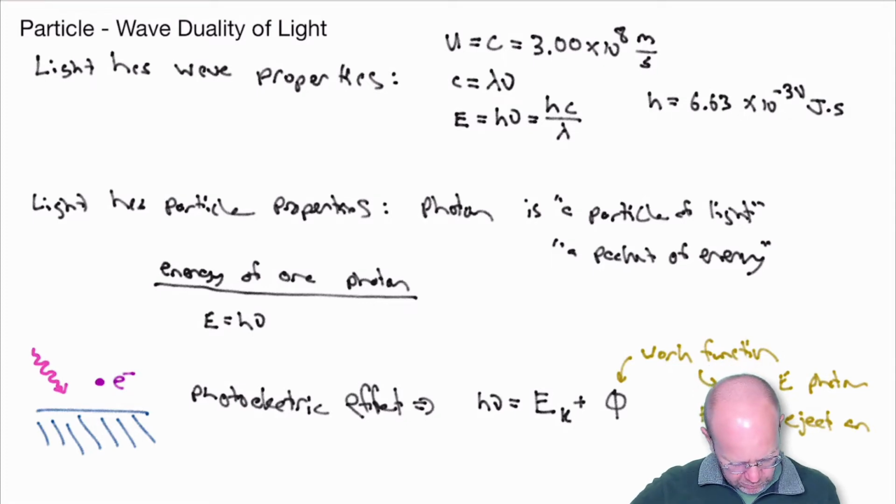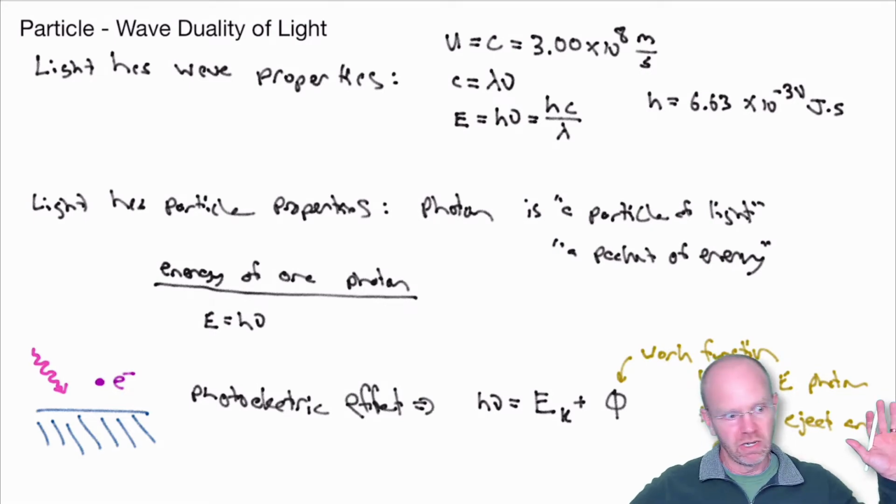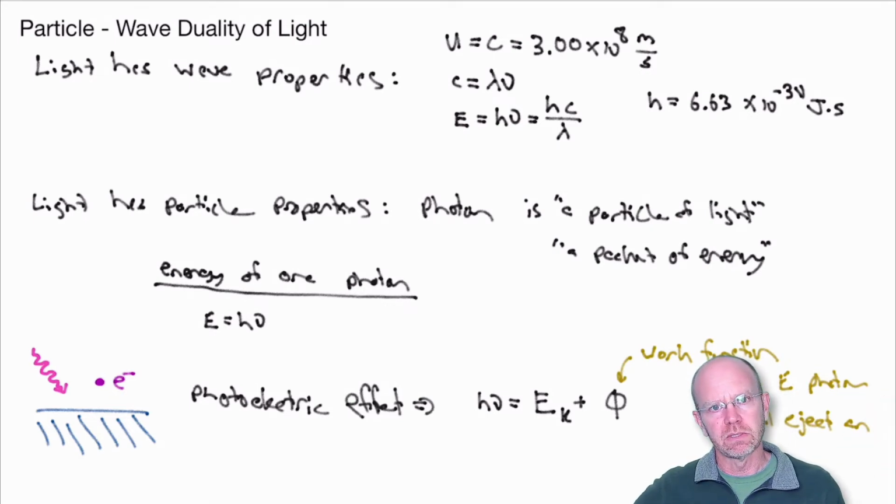The way this was discovered was Einstein noticed or predicted that we require a certain frequency of photon in order to eject an electron from a piece of metal. So the observation was if you shine light, even a lot of it, with a frequency that is too low in energy, electrons won't be ejected, even if you shine a very, very bright light on the surface of a piece of metal.